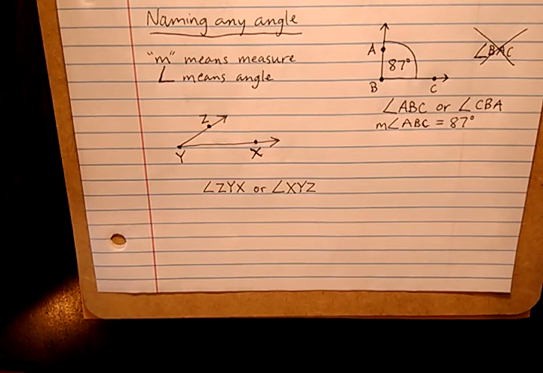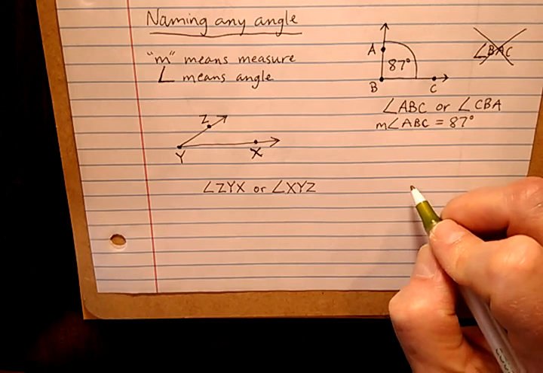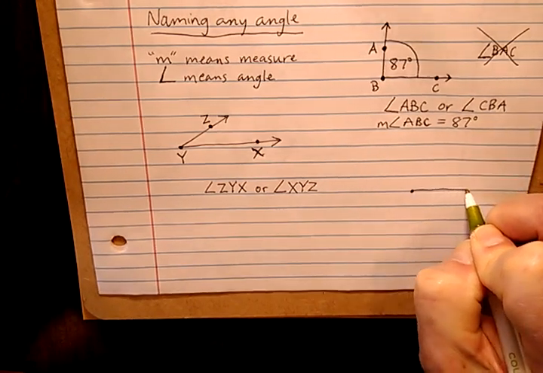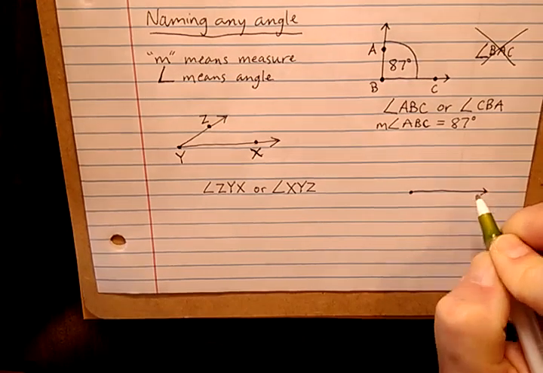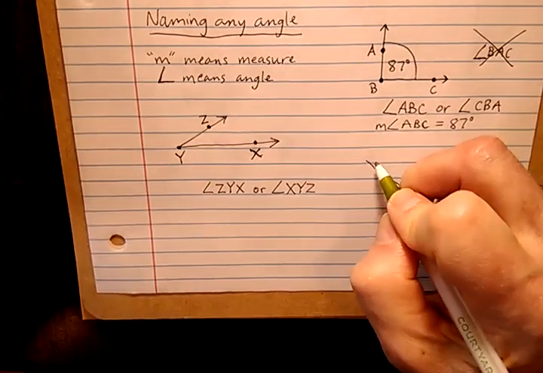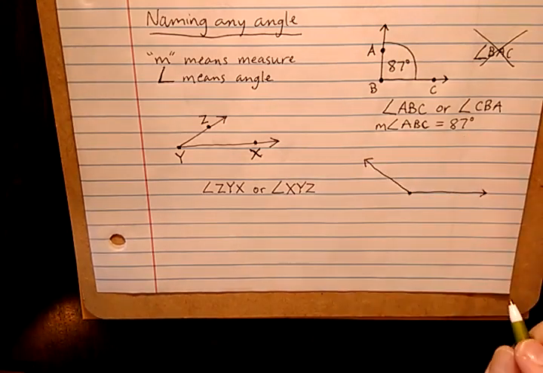All right, I'm going to give you one more angle and I want you to write down the two names that could be used for this angle. This time it's going to be an obtuse angle. So copy this down.